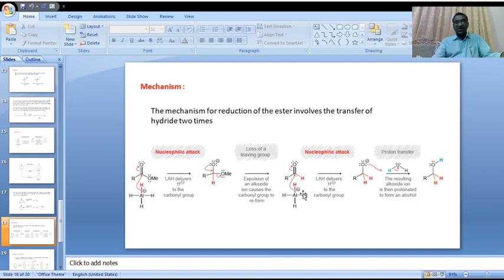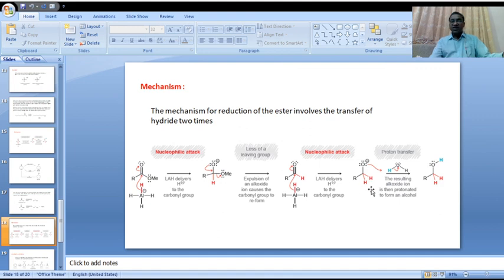This compound immediately is attacked by H minus; another LAH delivers an H minus ion that attacks the carbonyl carbon, or aldehydic carbon. Okay, from that the pi bond immediately breaks, and oxygen gets a negative charge.